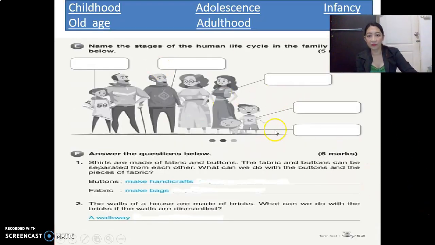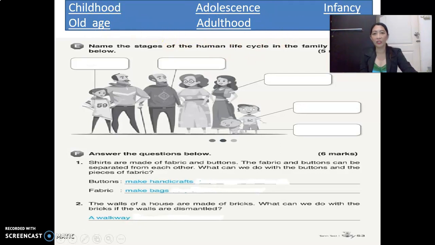And page number 53 has the choices. Letter E: name the stages of the human life cycle in the family. Childhood, adolescence, infancy, old age, adulthood.